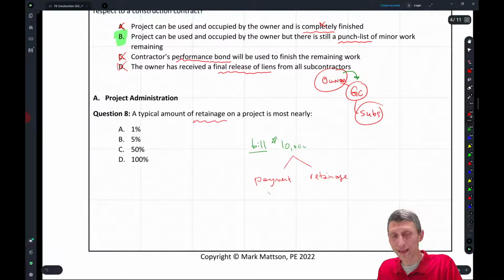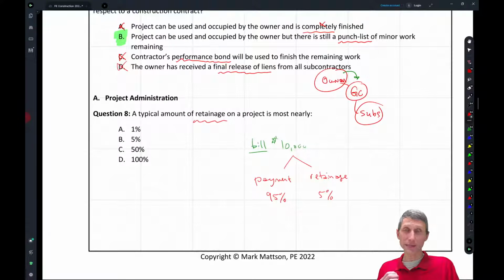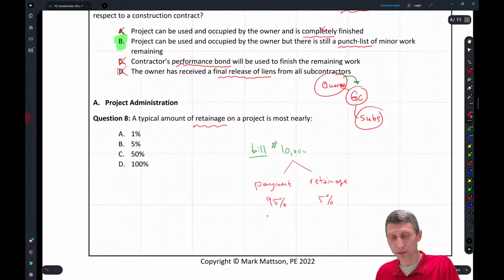Normally it's split about 95% and 5%. So the contractor will get 95% of 10,000. That's 9,500, right? 10,000 times 0.95 is a payment of $9,500, and the retainage would be $500.